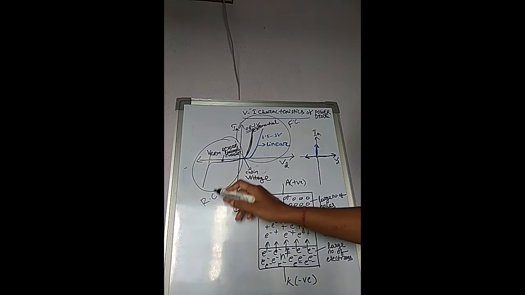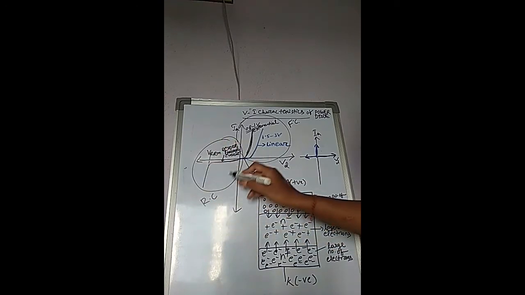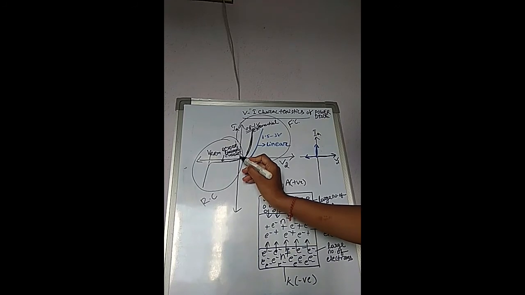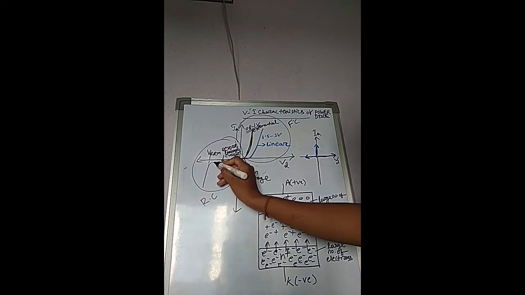And what happened in the reverse characteristics or reverse bias mode? Normally in the reverse biasing mode diode is not conducting, but there is some reverse leakage current. I will show you this in the characteristics graph.